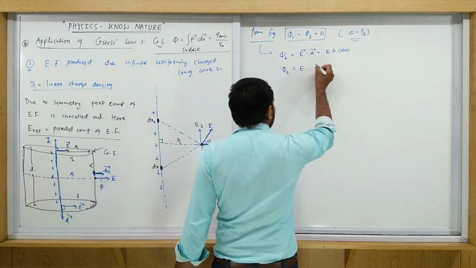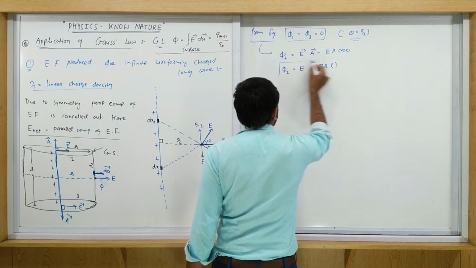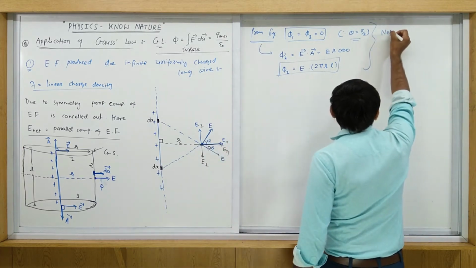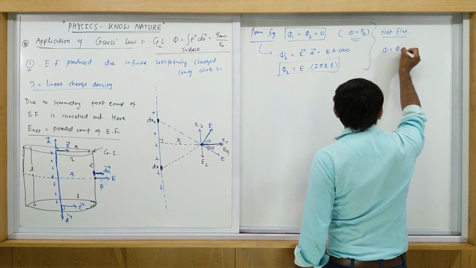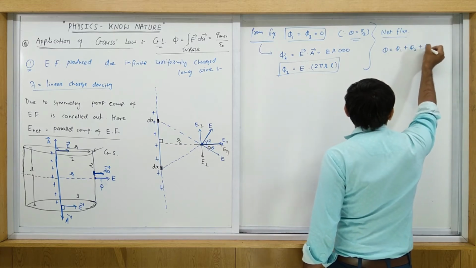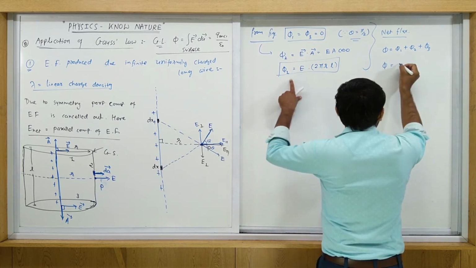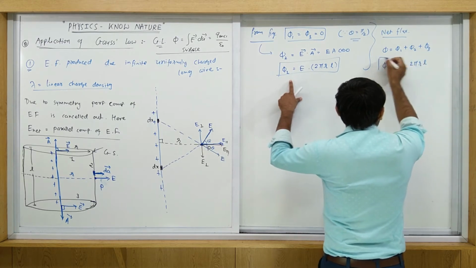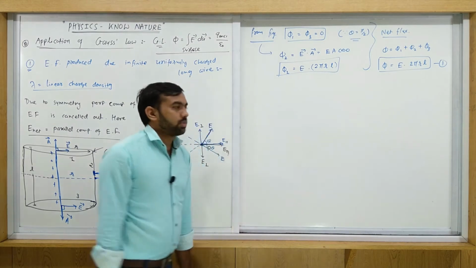Consider it as equation number 1. So what is the net flux? Net flux phi is equal to phi1 plus phi2 plus phi3. So phi net is equal to E into 2 pi RL. Equation number 1.